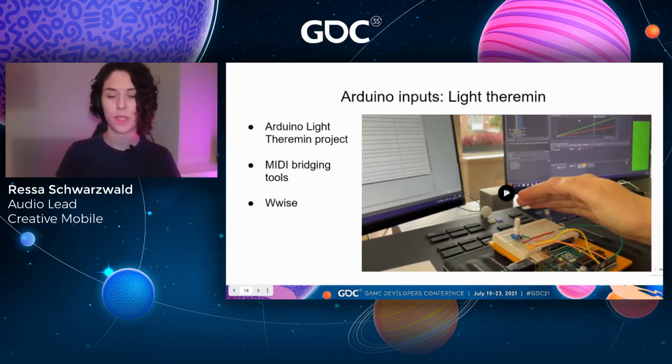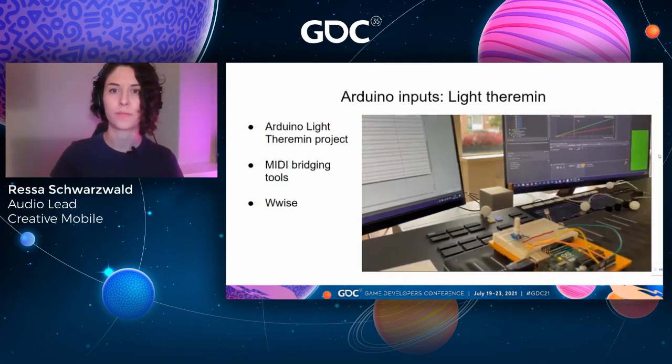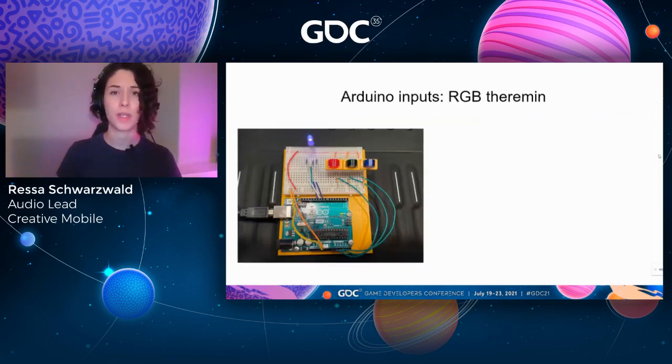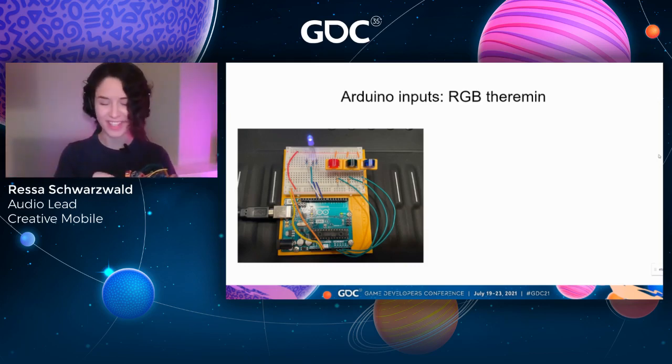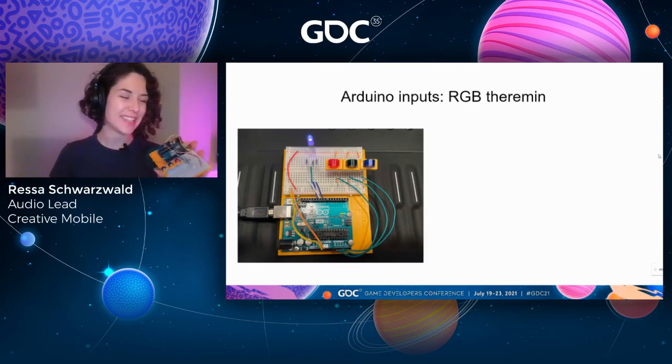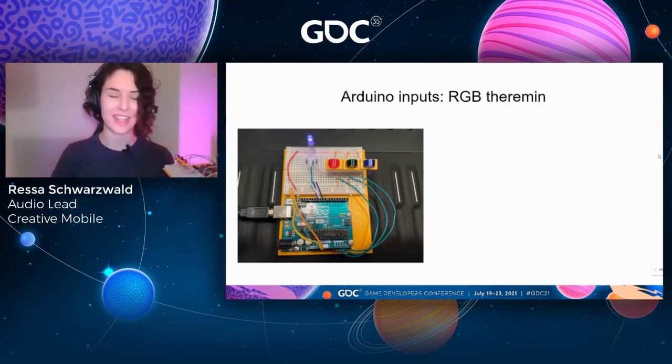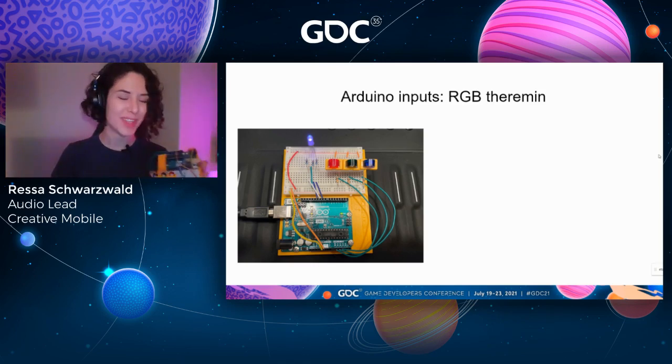It's super simple, and I actually have a tutorial about that on my YouTube channel, so you can check it out. My second project was the RGB theremin. I also have it here. It is something like the simple theremin, but it has 3 photo transistors.